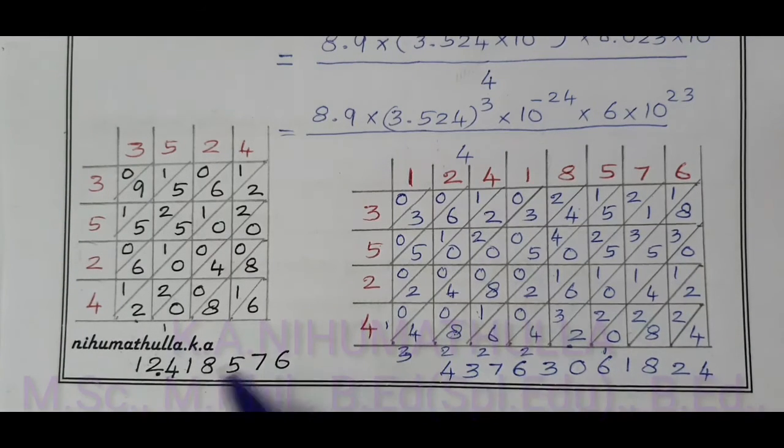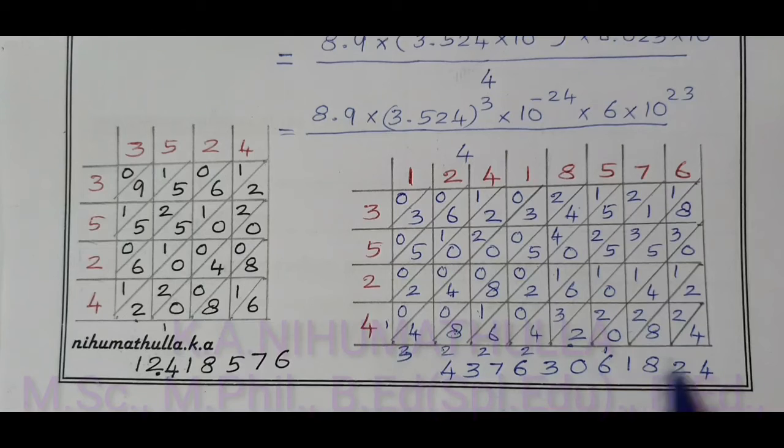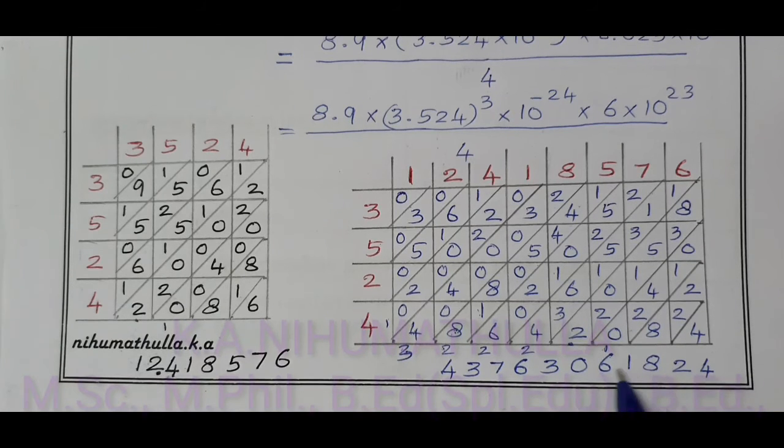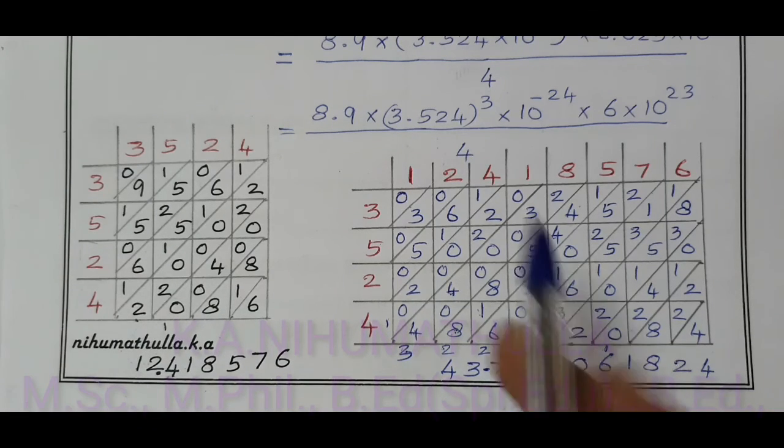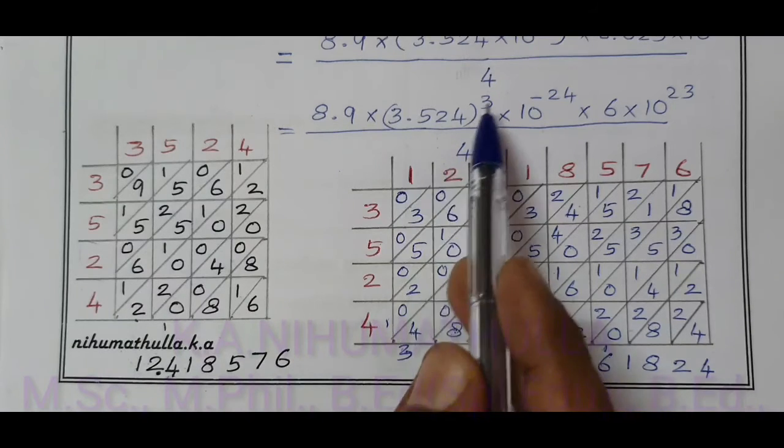How many digits? Here 6 digits, here 3 digits, point, 9 digits. 1, 2, 3, 4, 5, 6, 7, 8, 9. 43.76. You can take 43.76 for 3.524 cube.